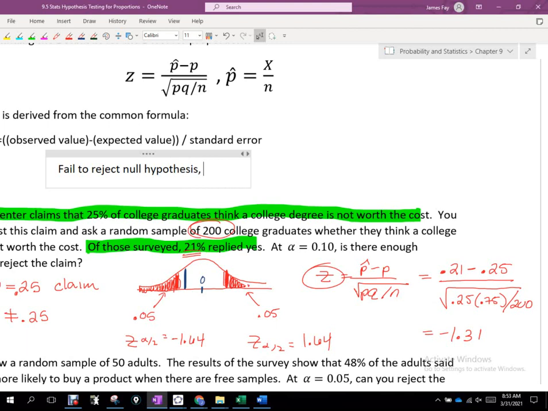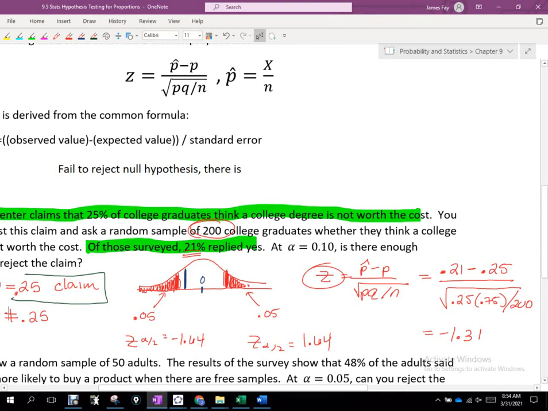So if I fail to reject it, that means because we set off assuming this was true, right? That was the accepted truth. We failed to reject it, so it stays or remains the accepted truth. Does that make sense? Okay. So we fail to reject the null hypothesis.